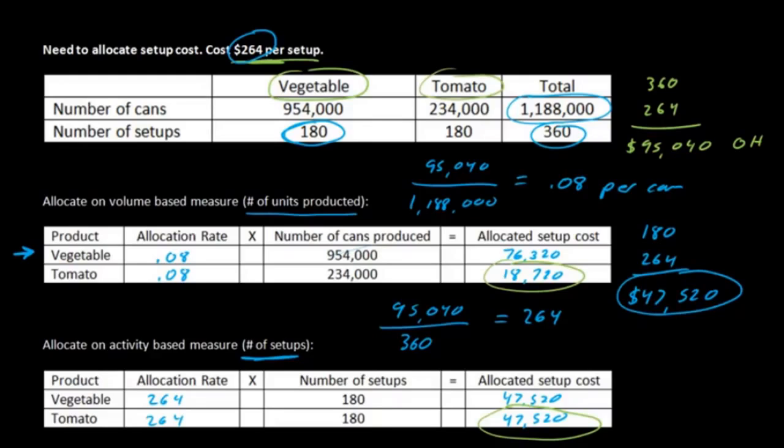So our allocation method really matters, and as we use this activity-based measure, this actually tells us our avoidable cost. And that's the cost that we want to avoid if we decided to discontinue one of these products. Because if we decide to discontinue vegetable soup or tomato soup, we'd avoid 47,520 in cost. So this is an avoidable cost.